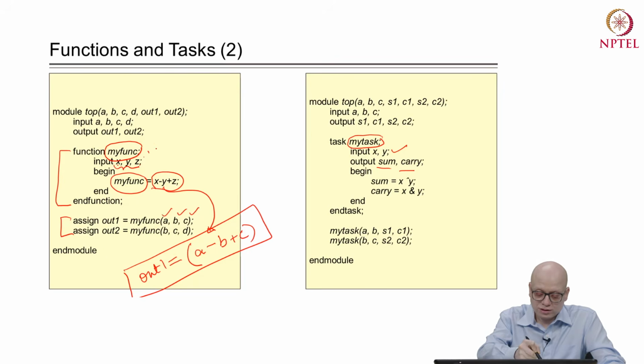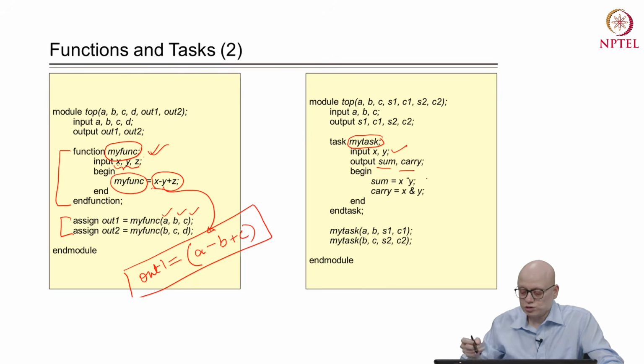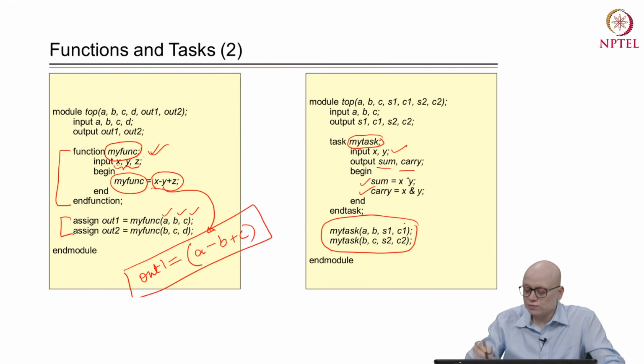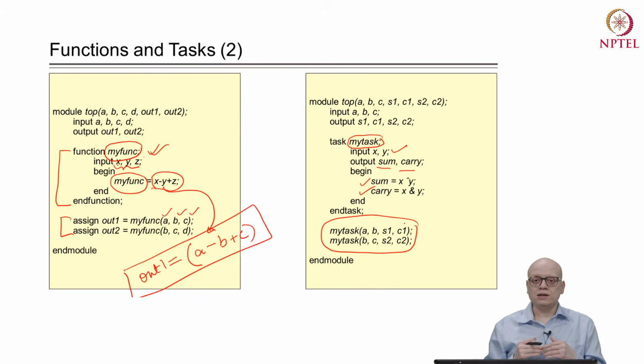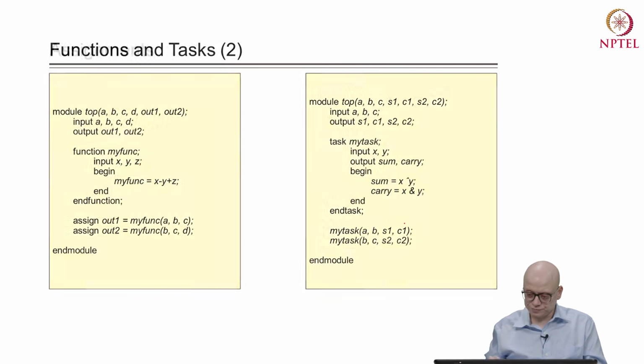Here there are 2 outputs, sum and carry, and these are the calls of the task. So, depending on what the repeated code or repeated structure is in our hardware, we can use either a function or a task in our Verilog code.